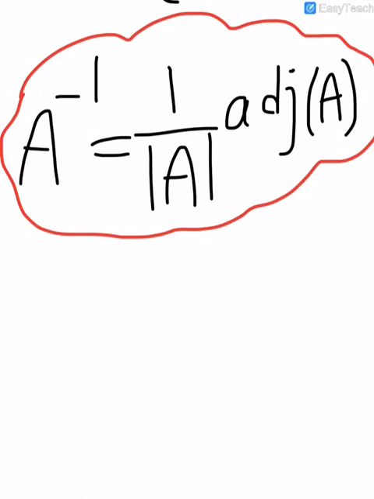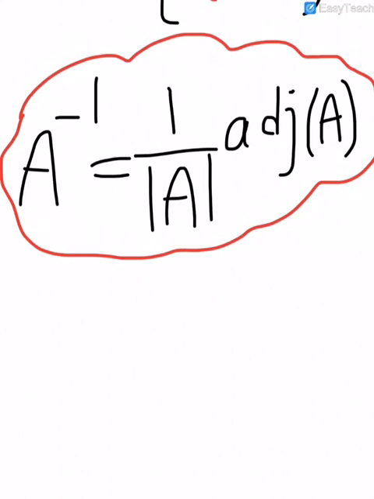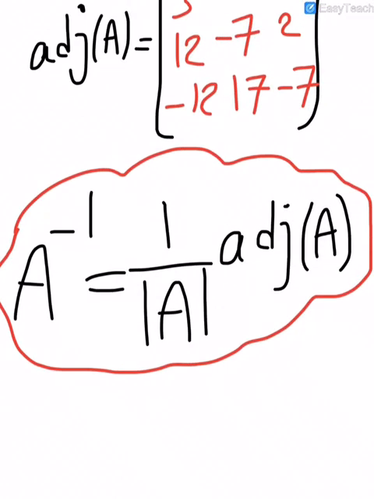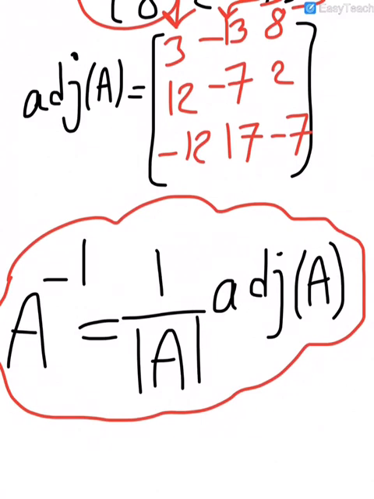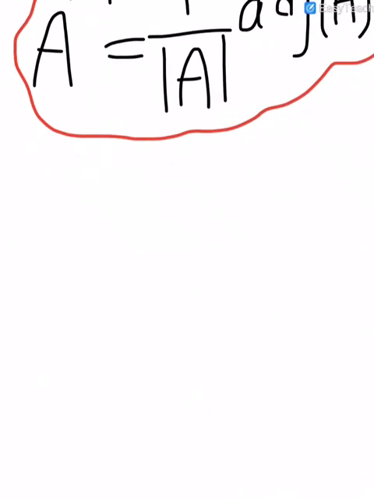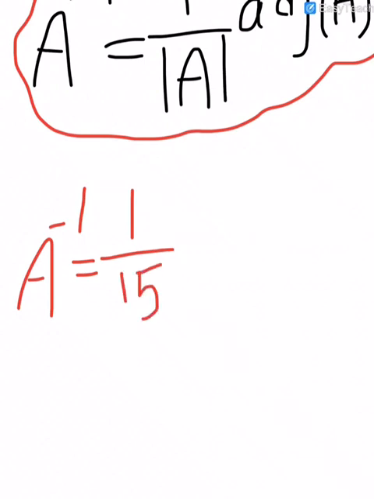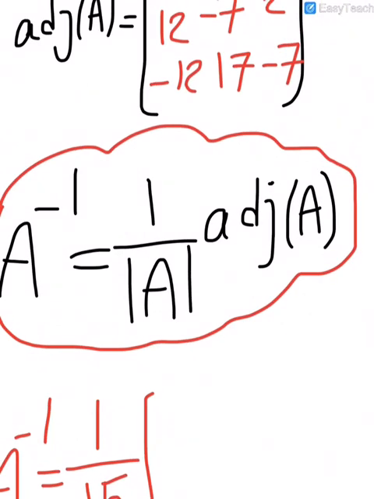So now recall the matrix A that we had before. For that matrix, we know the inverse is gonna be 1 over determinant. What was the determinant? 15, right? I know that one. And times the adjoint matrix.